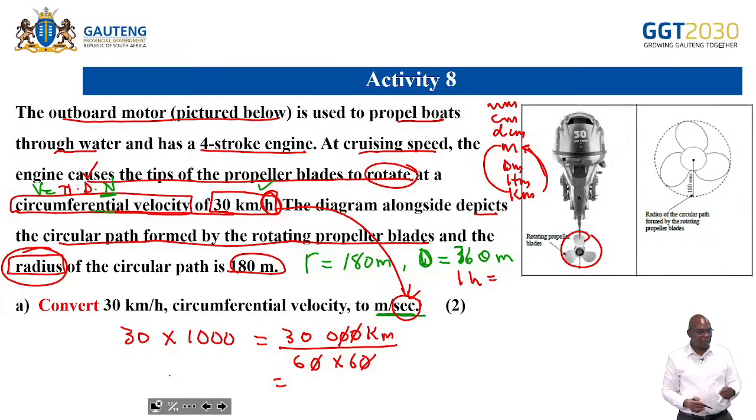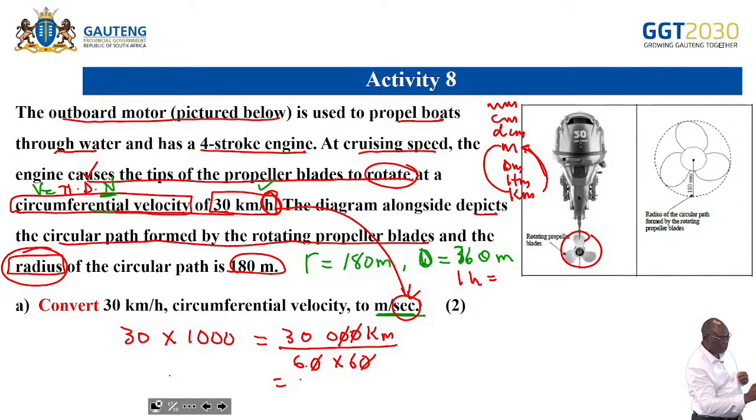And how am I going to get 300 divided by 6 there? So the answer there is going to be 300 divided by 36. Remember, 6 times 6 is 36. So I'm going to divide that.